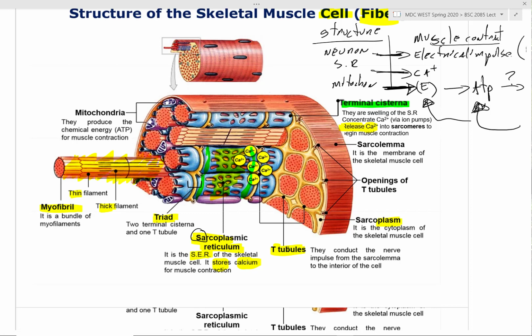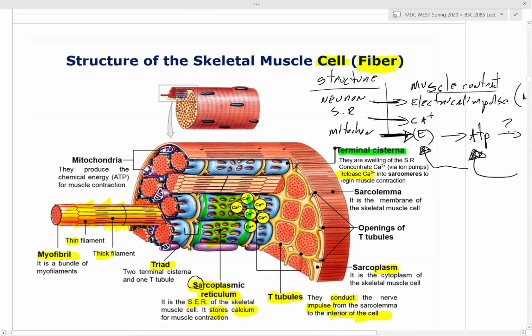We care about the T-tubule and the terminal cisternae. So the T-tubule is the one that conducts the impulse to the interior of the cell. What is the muscle cell called? Thank you. You can read.